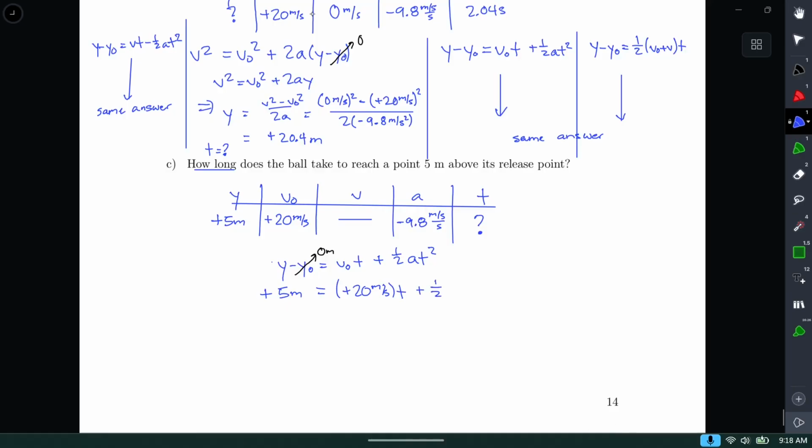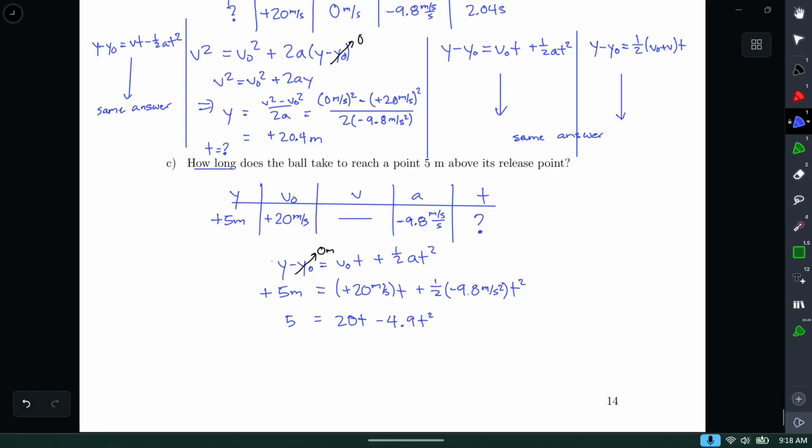Acceleration is 1/2 times negative 9.8, and then t squared. I'm now going to throw out units, so it's a little bit easier to read this. So 5 equals 20t, 1/2 times negative 9.8 is negative 4.9, t squared. I've got to solve that for time, for t.